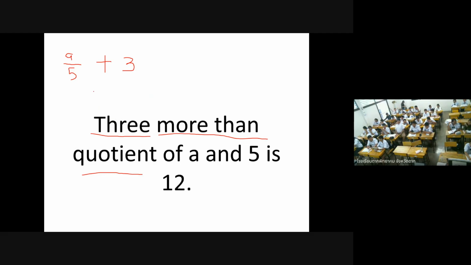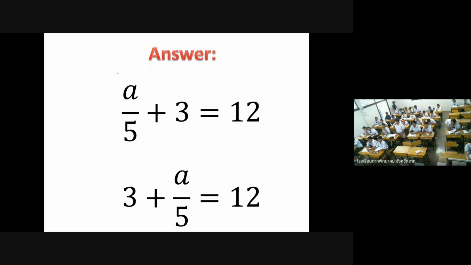Sorry. Anyway, the quotient of a and 5 is what? 12. So again, 3 more than the quotient of a and 5 is 12. This will be our answer. Now, remember everyone, this is the correct one.